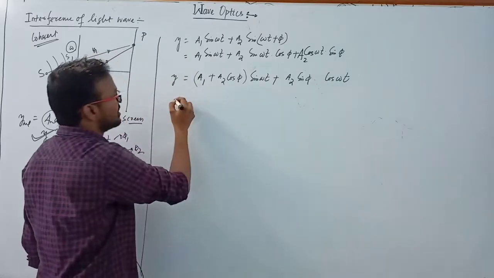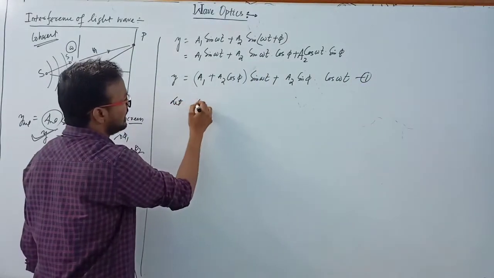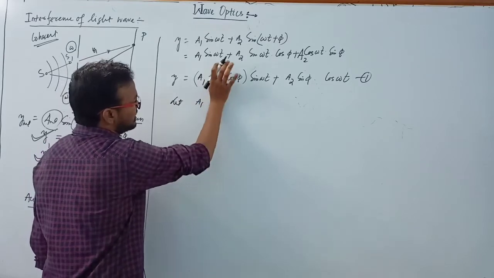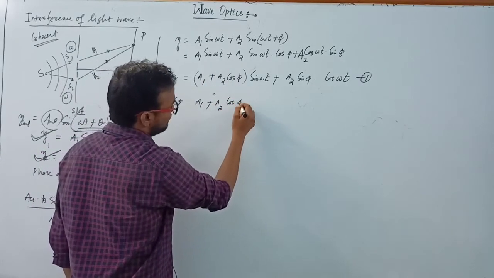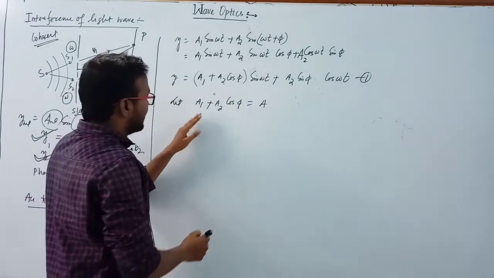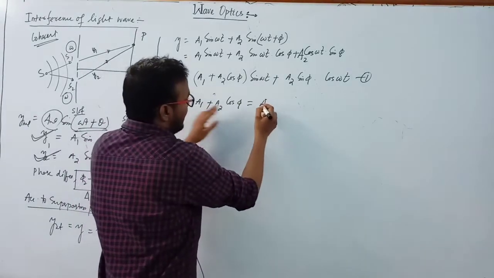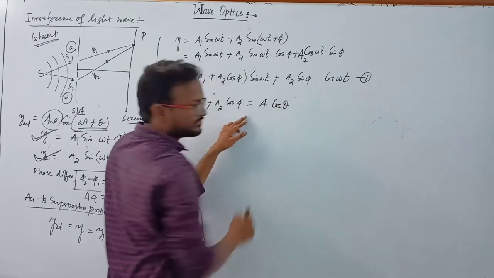Suppose this is equation number 1. Now let a1 plus a2 cos phi be taken as A cos theta.